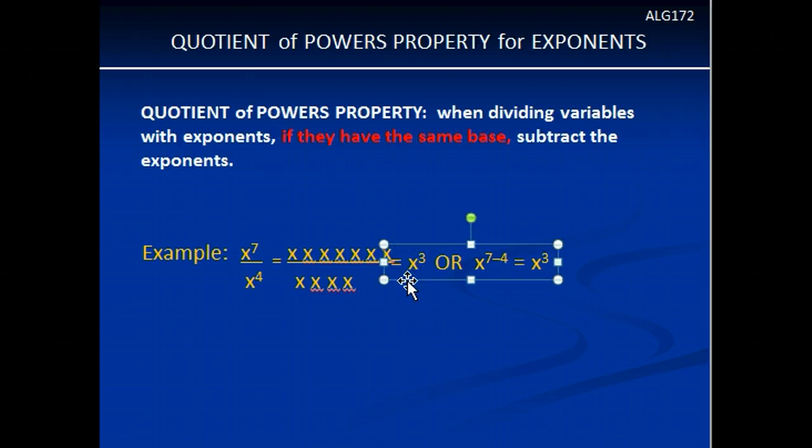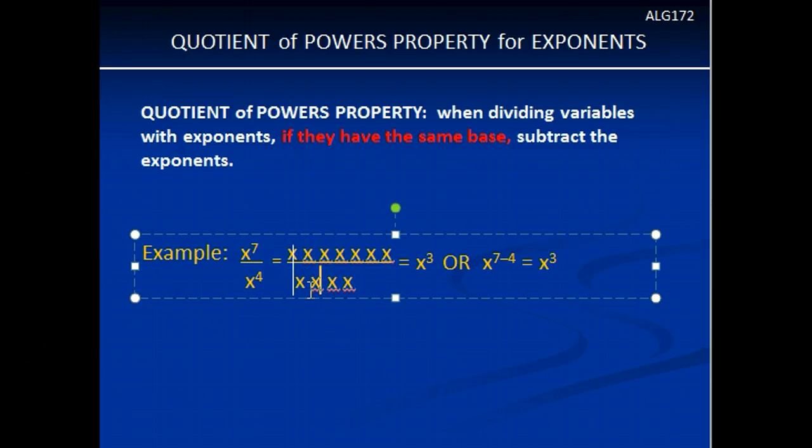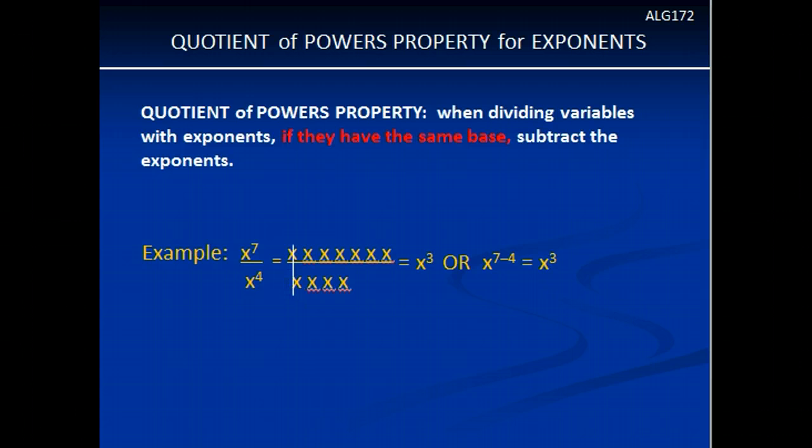Then, if we have it over x to the 4th, we have 1, 2, 3, 4 x's. All this means is that we can say these will cancel. I kind of screwed it up there. Let me quick fix that. Those x's will cancel. Then these would cancel.